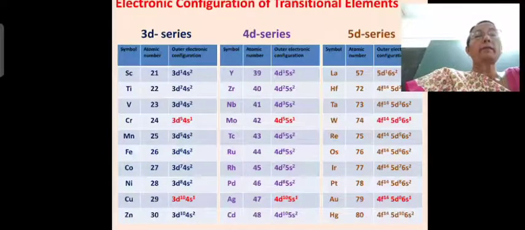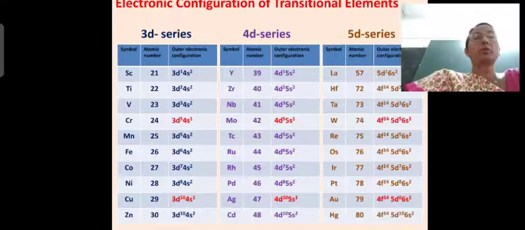Then manganese. Manganese anyhow 3d5 4s2, it is also half filled, no problem. Iron 3d6 4s2, cobalt 3d7 4s2 and nickel 3d8 4s2. Now when you go to copper, copper according to our criteria is to be 3d9, right? But 3d9 is not the stable configuration.